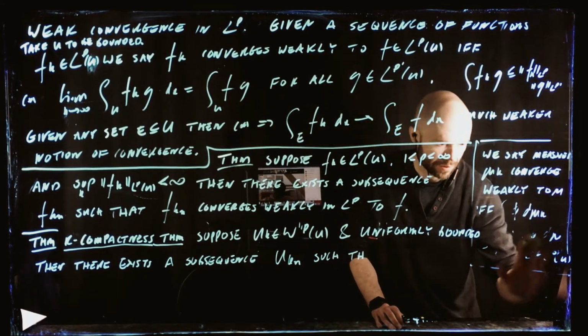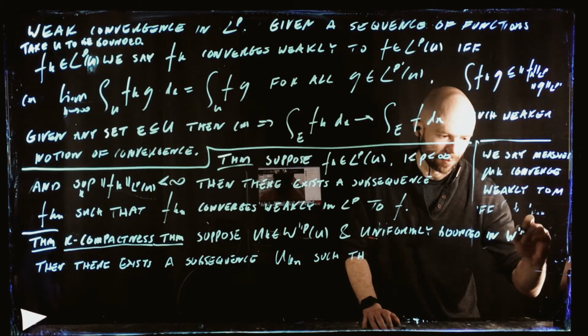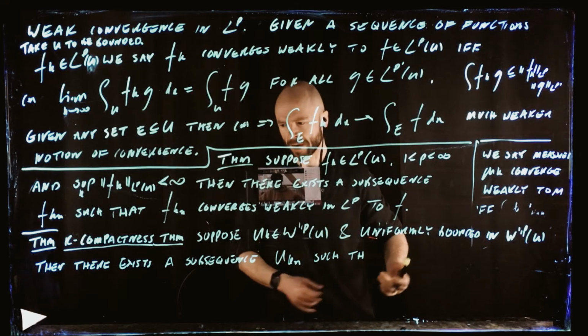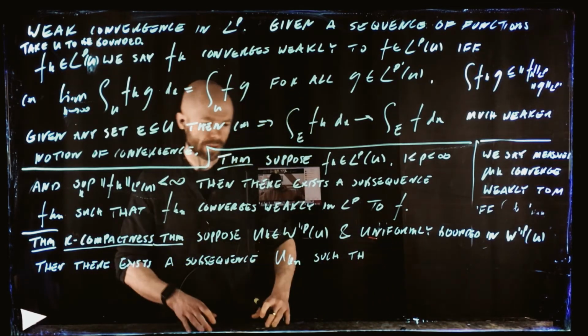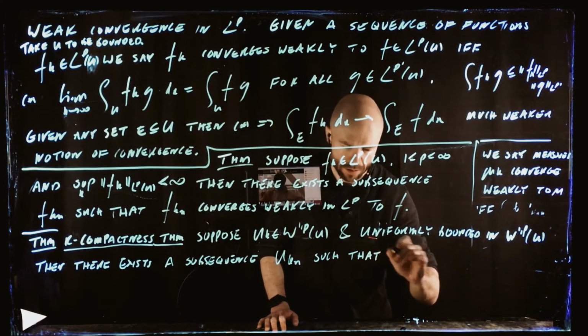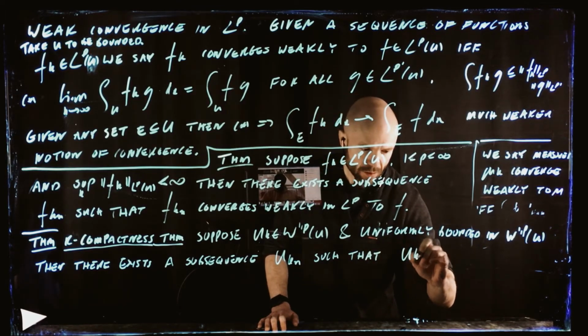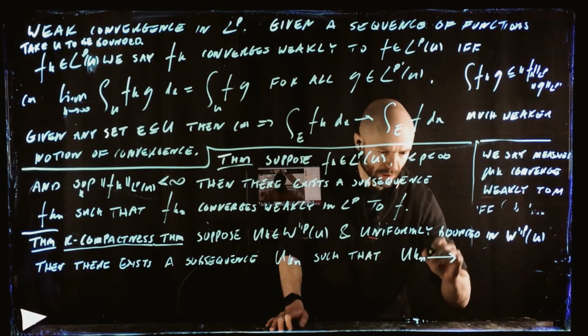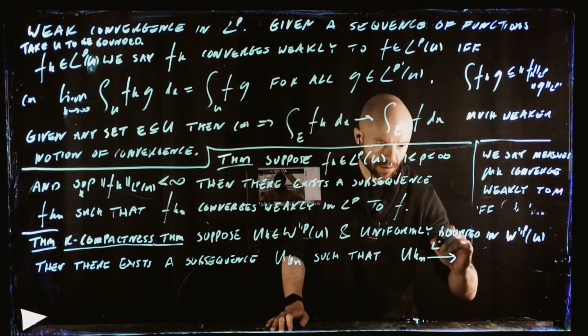I should emphasize that: W^{1,p}. In fact, it's enough just to have that the gradients are bounded in L^p. Then there exists a subsequence such that u_k converges strongly in L^q.